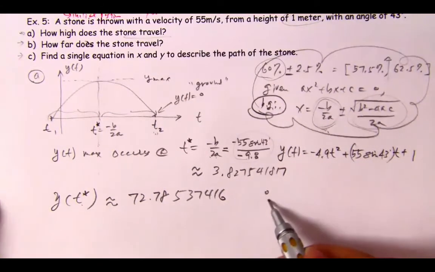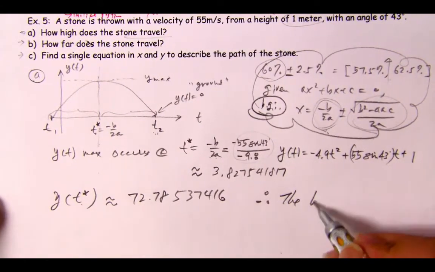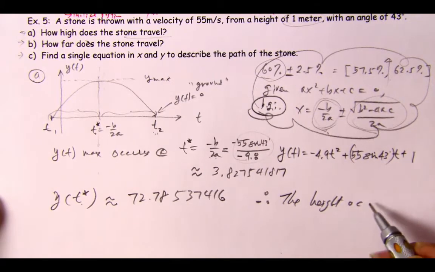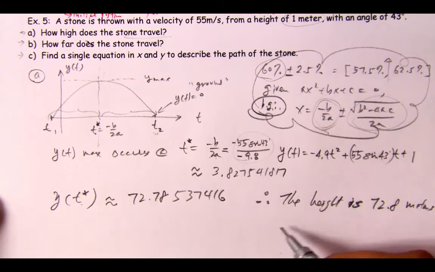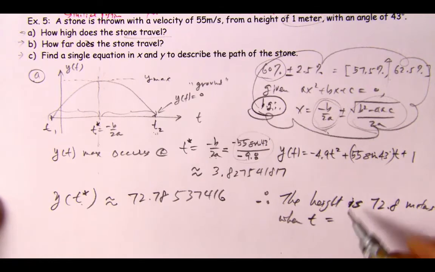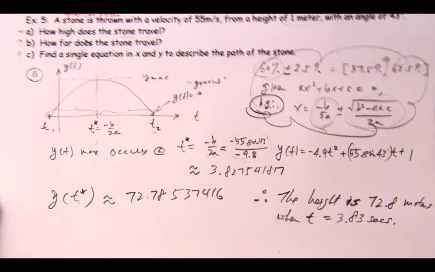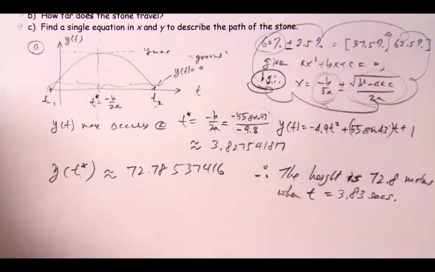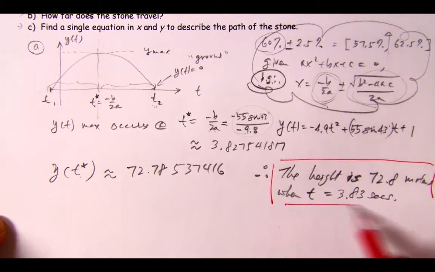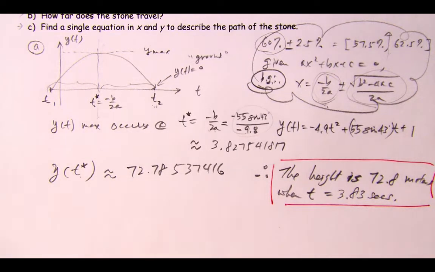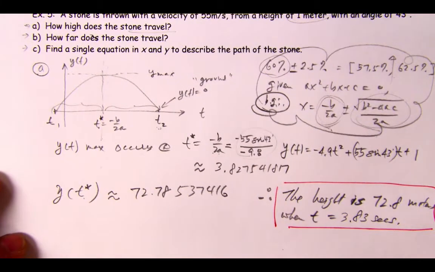So you say, therefore, the maximum height is 72.8 meters when time is equal to 3.83 seconds. All right? So that is the correct answer. Now, while I did not ask for a specific decimal value, nor did I ask for the time, if I did, you would answer in that particular manner.